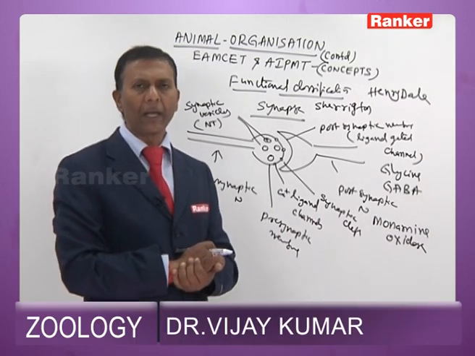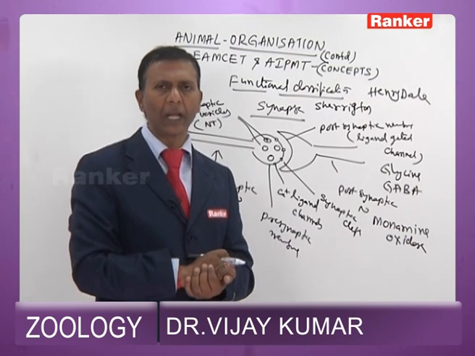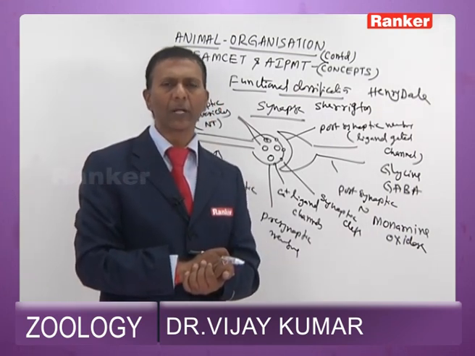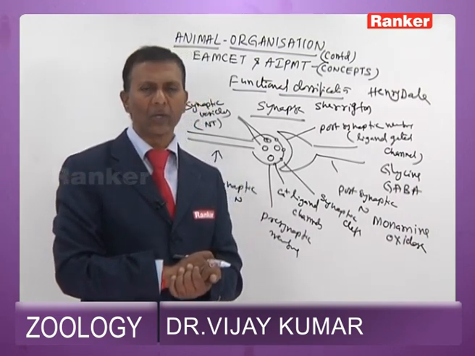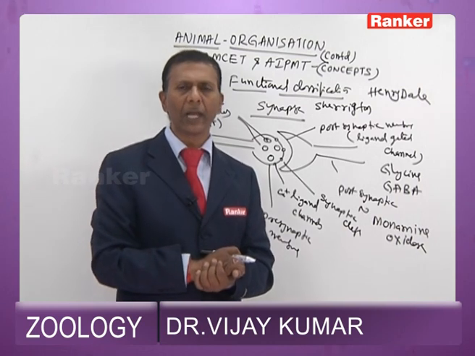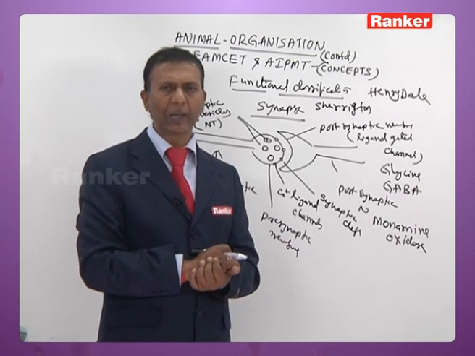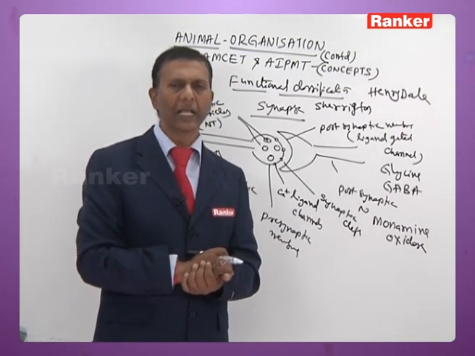The nerve terminals of the parasympathetic system mostly secrete acetylcholine. That's why they are referred to as cholinergic nerve terminals. For acetylcholine, acetylcholinesterase acts as a catalytic enzyme, whereas for adrenaline, monoamine oxidase acts as a catalytic enzyme.